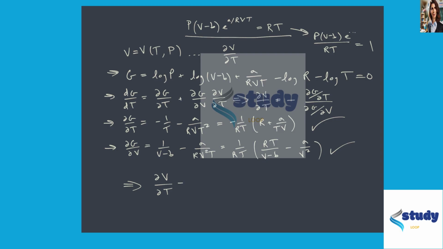So dV dT is equal to R plus A over TV, all divided by RT over V minus b minus A over V squared. And that is exactly what we were asked to prove.